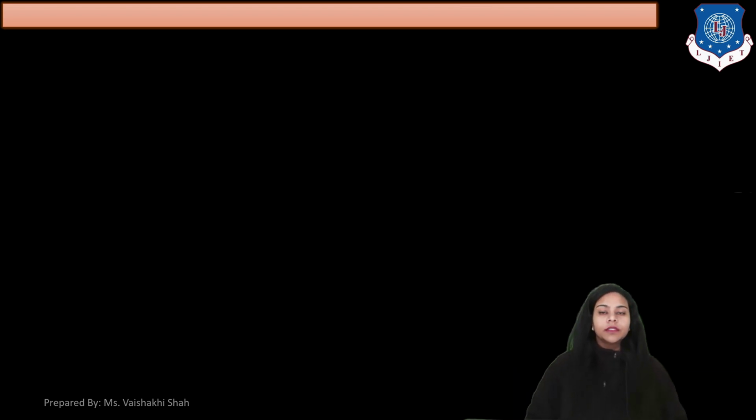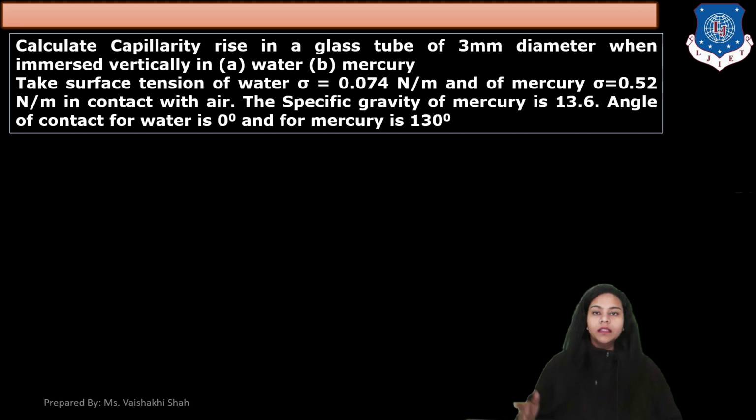Now next example, this example is for capillarity. Calculate the capillarity rise in a glass tube of 3 mm diameter when it is immersed vertically, first in water, second in mercury.